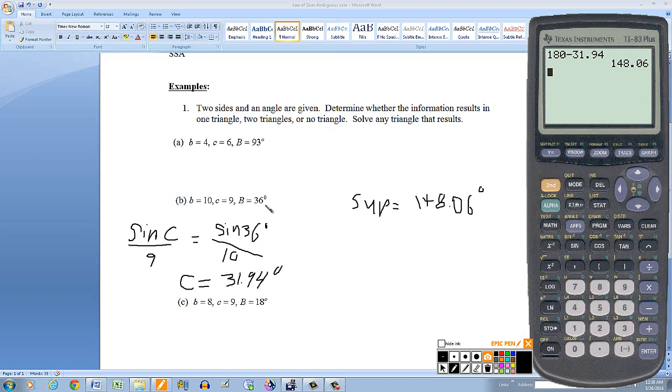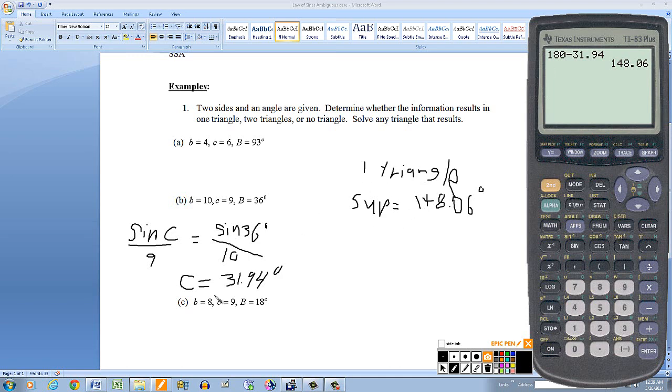So in this particular case, one triangle is possible. So this angle is not going to work.